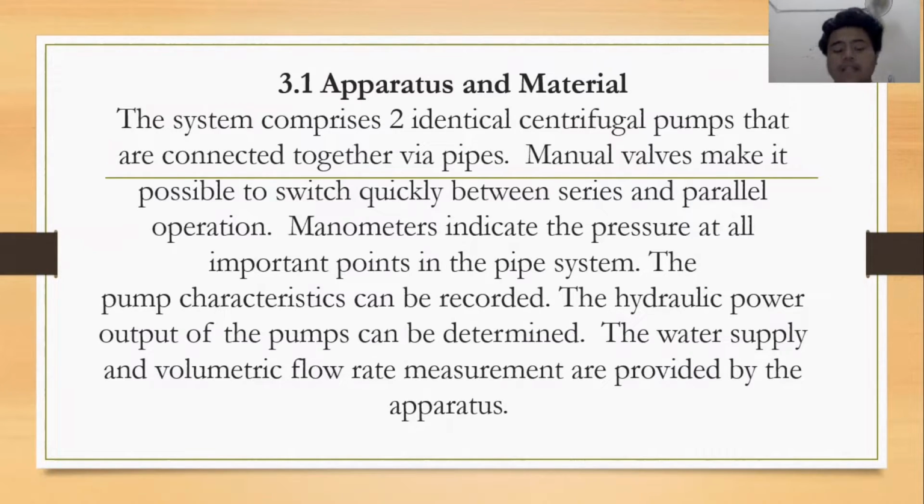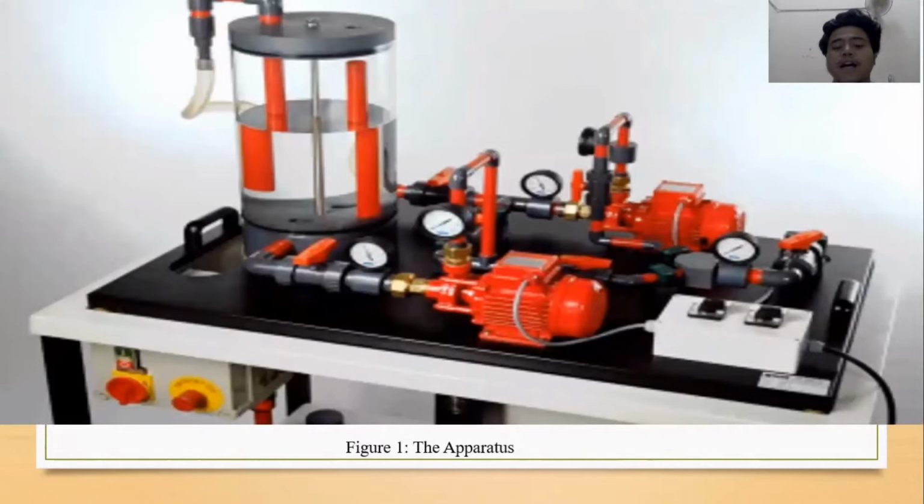The pump characteristic can be recorded. The hydraulic power output of the pump can be determined. The water supply and volumetric flow rate measurement are provided by the apparatus. This is the figure for the apparatus.